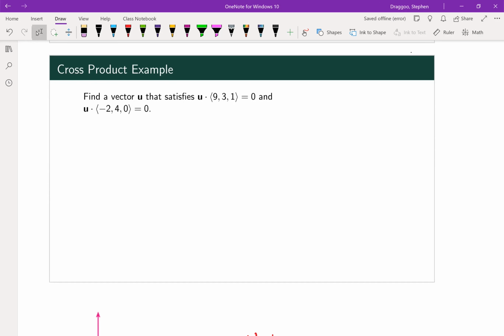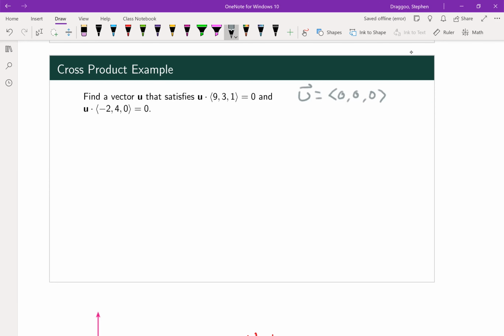Let's start off by saying that there is one particularly boring example where I could say that u is equal to the vector (0, 0, 0), because that would satisfy both conditions, but again, a boring result because it's just the zero vector. And there is another vector we could find that'll also do this same thing.